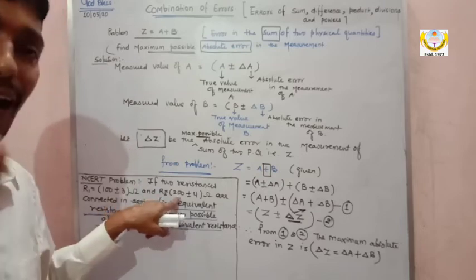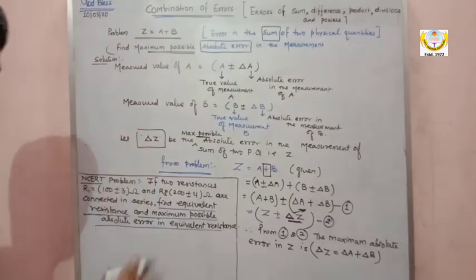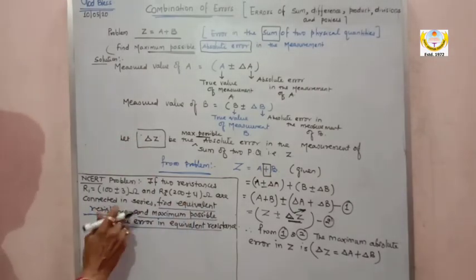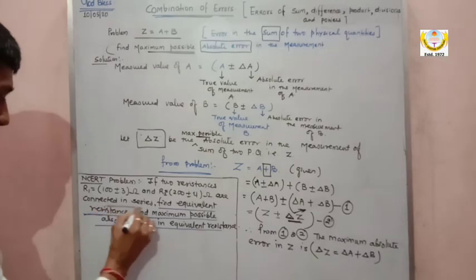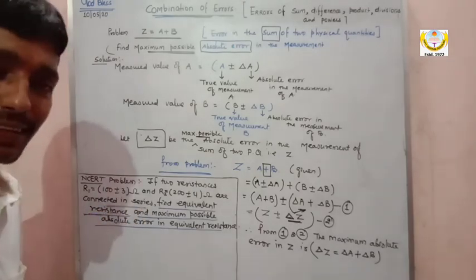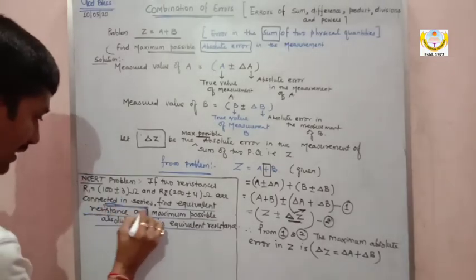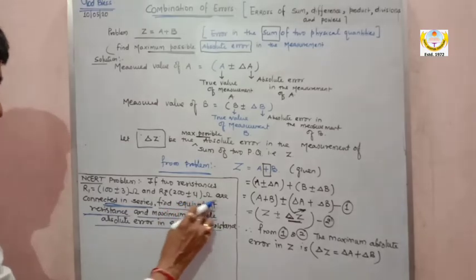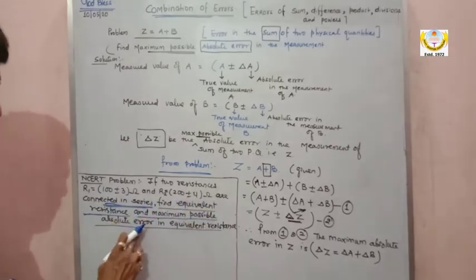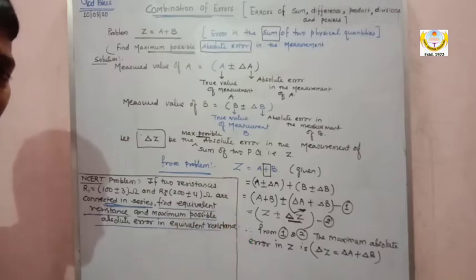So here I can write R2 plus minus delta R2. The question says they are connected in series, and asks to find their equivalent resistance and the maximum possible absolute error in the equivalent resistance.